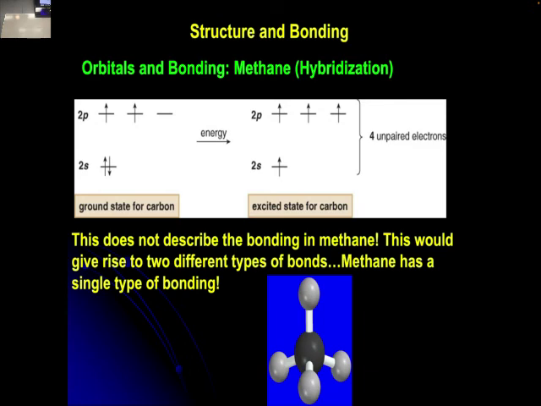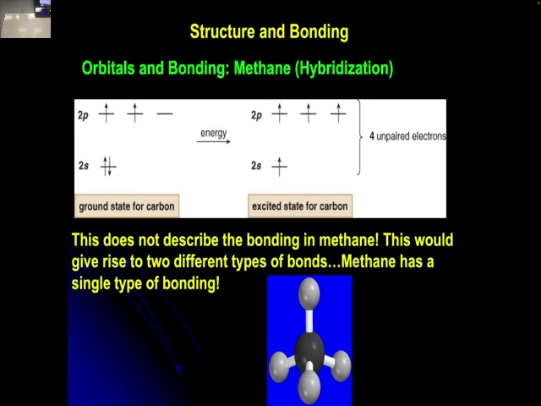But what's the problem? We've got px, py, and pz, right? How are they oriented with respect to one another? They're on the axes, right? They're 90 degrees. When I look at methane in my magic microscope, is that 90 degrees? Nope, not 90 degrees. It's 109.5.